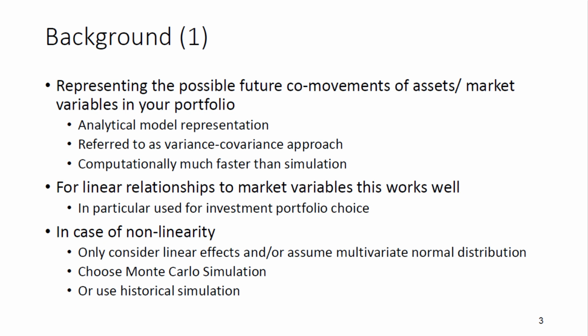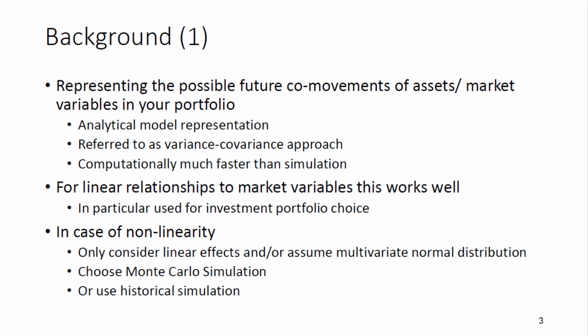So what we will be doing today is we will look to particular cases where instead of relying on simulation, we have an analytical format for the uncertain future portfolio elements.